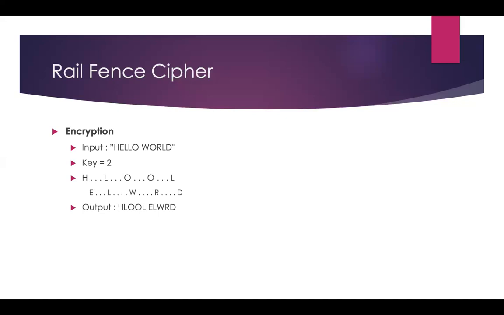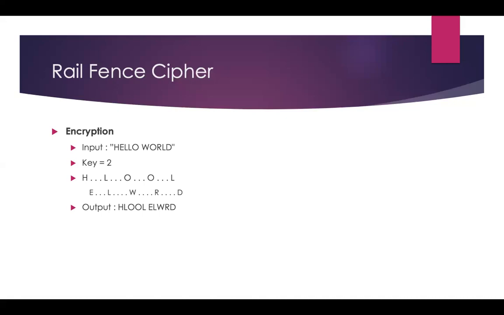Finally, after completing all the input characters, our output will be combined from the two different rows. We have two rows as per the given numeric key value of 2. The first row will be taken as one combination, and the second row will be taken as the other combination.